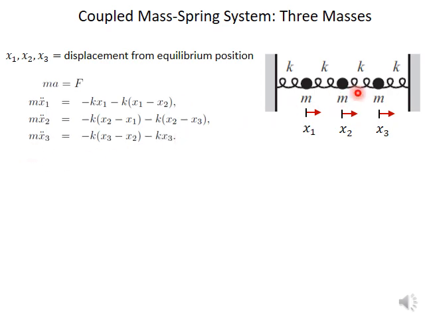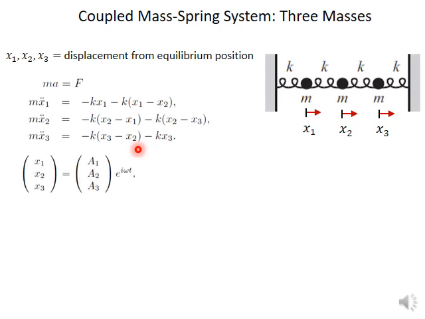And similarly, on mass M3, you have a force by this spring, the kth spring, simply given by the displacement of the third mass, plus this extra term because you have a force by this spring on this mass, given by the difference of these two displacements, x3 and x2. You can check whether the signs are correct or not.